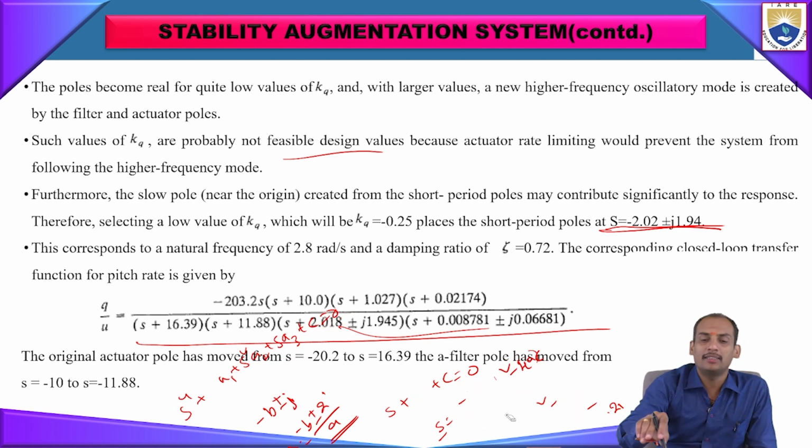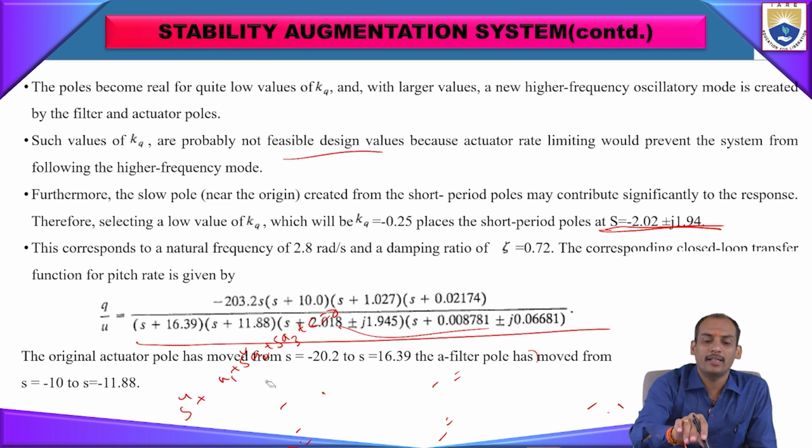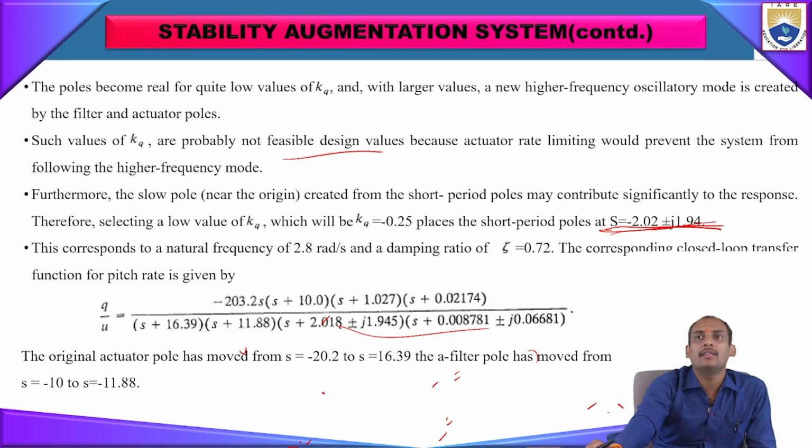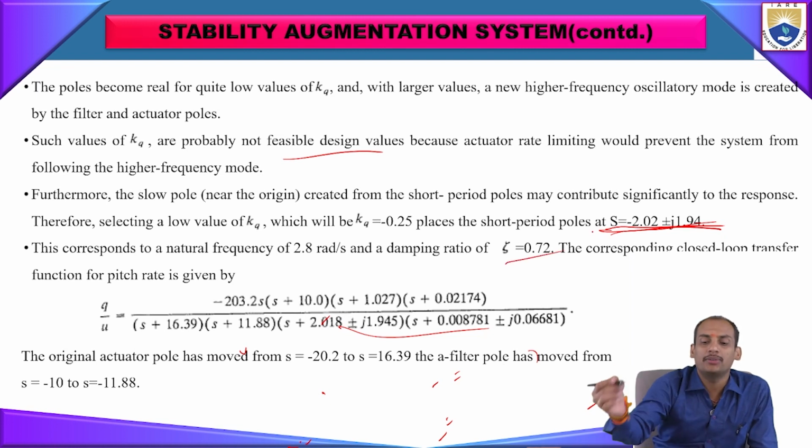I'm just giving you an idea of how we get these imaginary values for this s function. So here you see that s is minus 2.02 plus or minus j1.94. This corresponds to a natural frequency of 2.8 radians per second, with a damping ratio of 0.072.